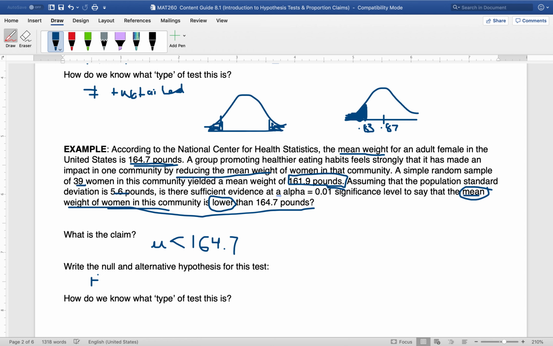So our null is always equals. So in this case, it's going to be the mean equals 164.7. And what we're testing here is if there is evidence from their sample that they have made the mean weight less than that.